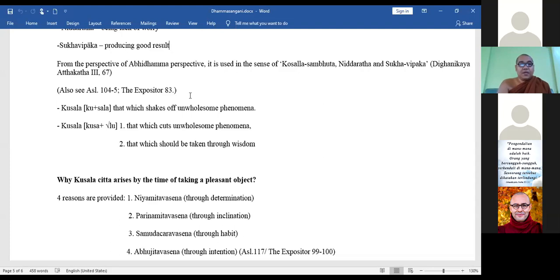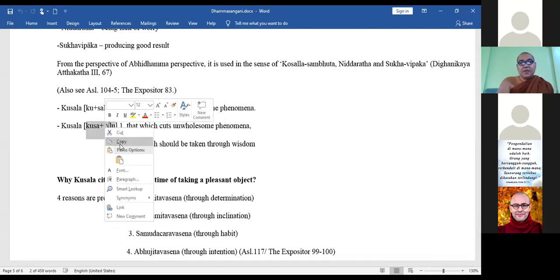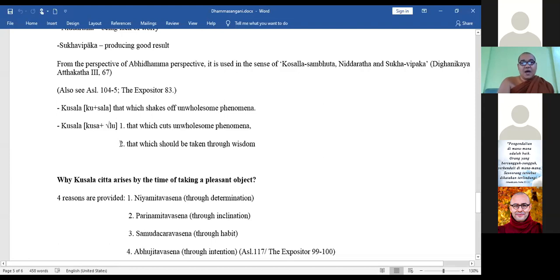And then another meaning is what? Actually not the same. In this case, another meaning is kusa plus la.